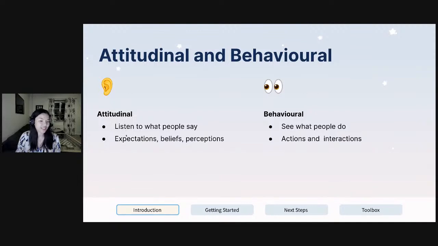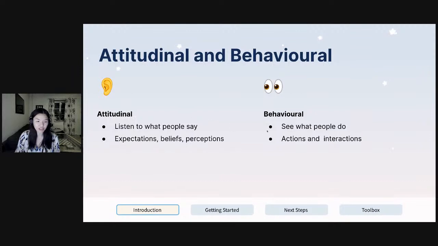It's listening to what people say and listening to their expectations, beliefs, perceptions. These are things that they would say in terms of their beliefs, but this is not necessarily the same as what they do. And that's the other side, the behavioral side, the actions and interactions.